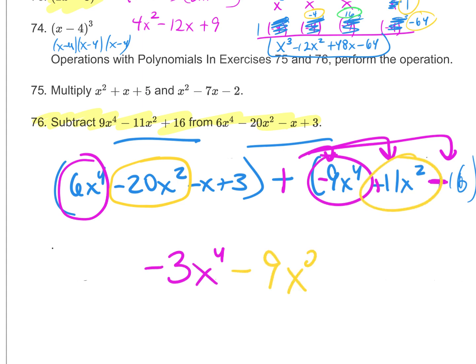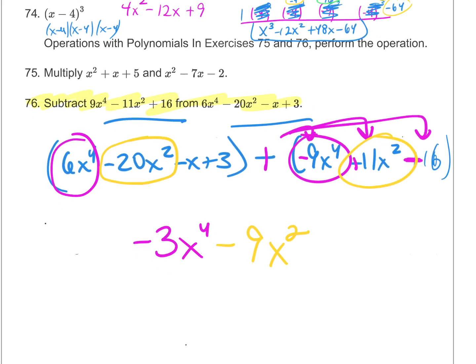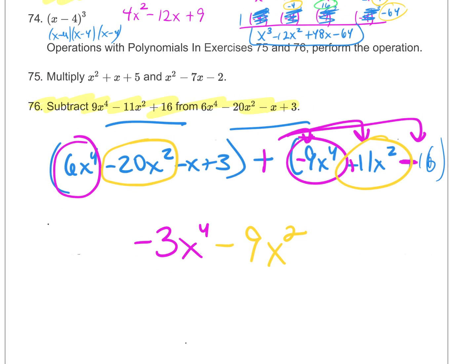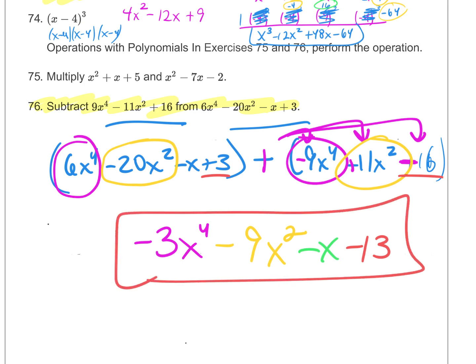Negative 9x squared. Now what? Minus x. Then what? Minus how much? Okay, positive 3, negative 16, so minus 13. Again, if you want to write it vertically, you want your x to the 4th, x to the 2nd, x to the 1st. It does not matter. Just show me what you are thinking in your brains.